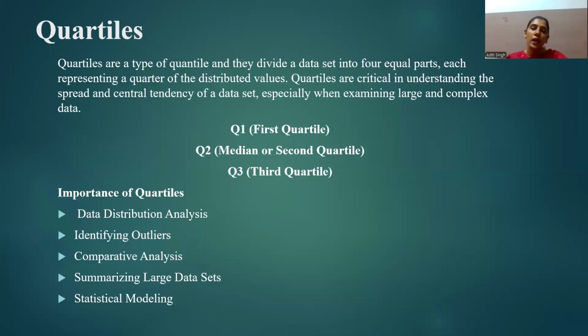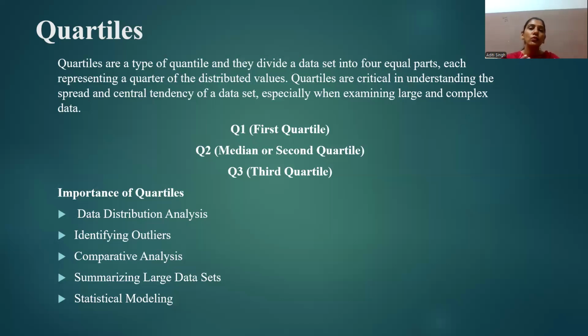Quartiles are a fundamental concept in statistics which offer valuable insight into data distribution and variability. They divide a data set into four equal parts, which helps in understanding the central tendency, and also helps in identifying the outliers within the data.